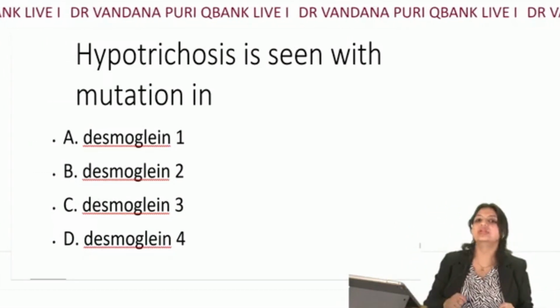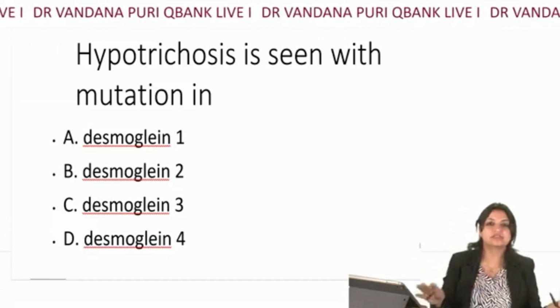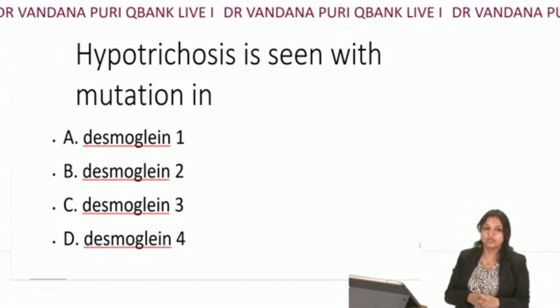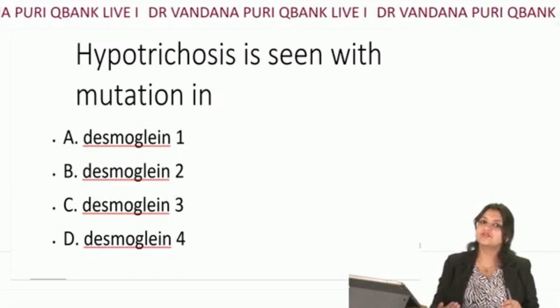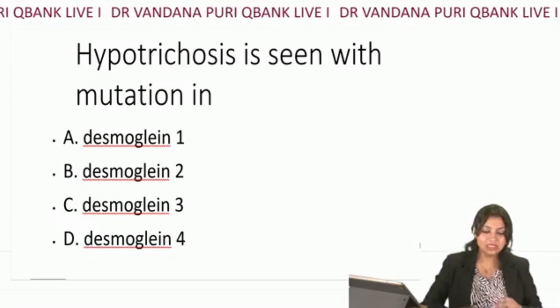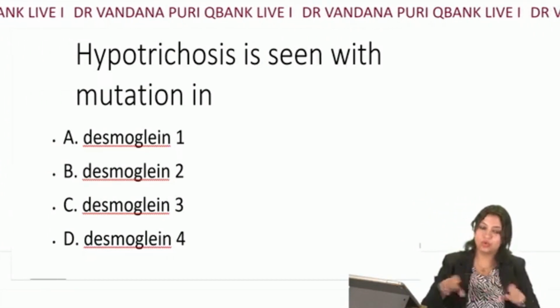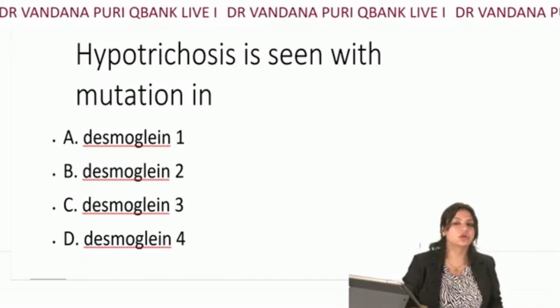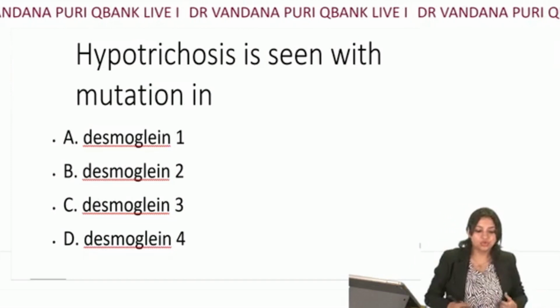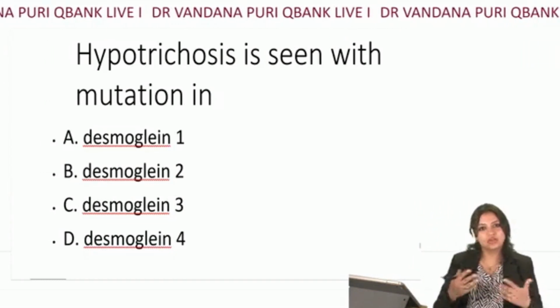There are only 4 types of desmogleins, so you don't need to worry about more. So 1 is the upper part of the skin, 3 is the lower part of the skin, 2 is heart, and 4 is your hair.